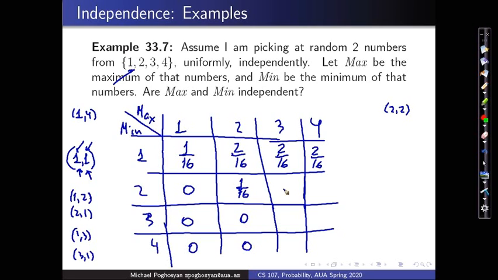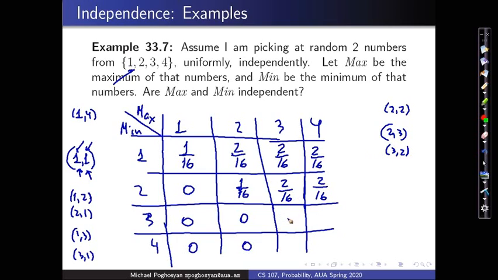Now this number, maximum is 3 and minimum is 2, means I will have 2, 3, or 3, 2. Two cases, and probability is 2 over 16. Here again I will have 2 over 16: either 2, 4 or 4, 2.